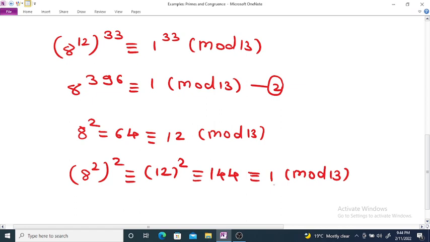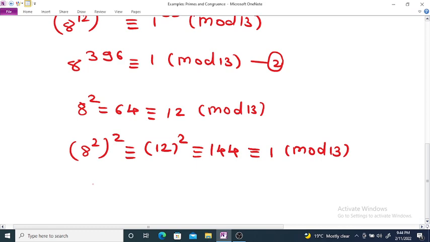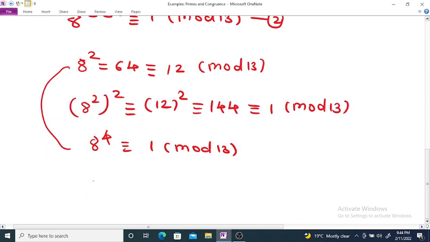That is, 8 raised to 4 is congruent to 1 modulo 13. So if we multiply these two, then we get 8 raised to 6 congruent to 12 modulo 13.